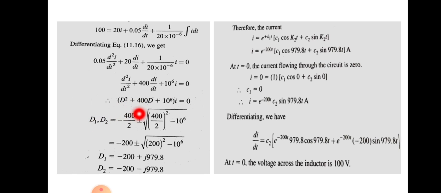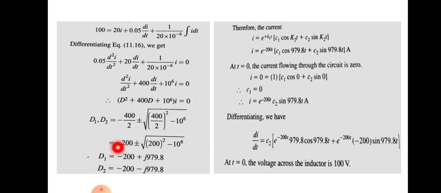So we can simply apply minus b plus or minus root b square minus 4ac by 2a. So we will get the values of d1 and d2 as, instead of b we write 400, instead of c 10 raised to 6, and instead of a 1. So we will get minus 400 by 2 plus or minus root of 400 by 2 whole square minus 10 raised to 6.